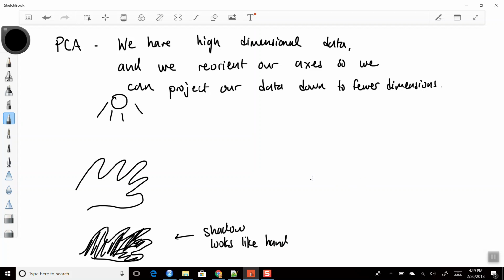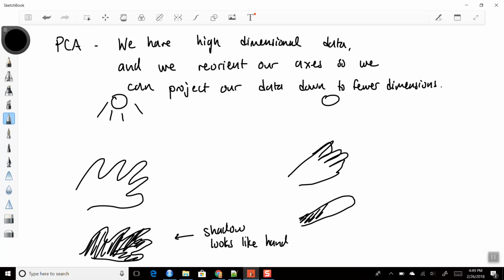On the other hand, if the data is oriented differently, such that your hand is like this and the light is coming down, it's also possible that your hand looks just like this.